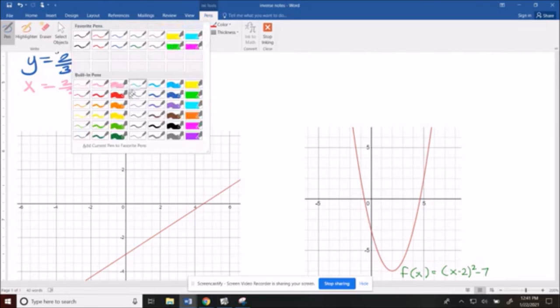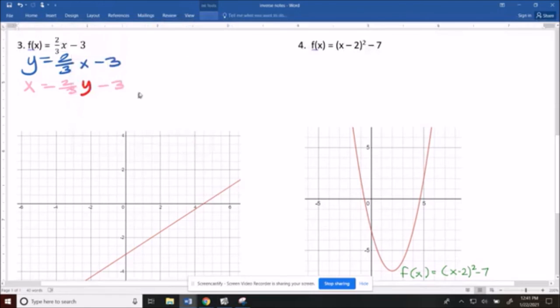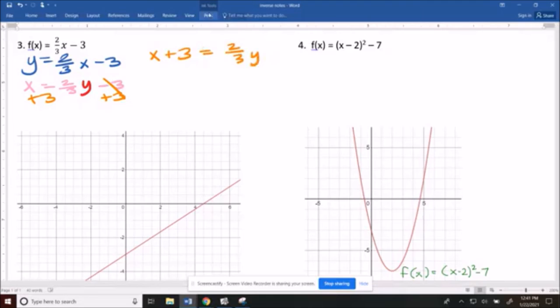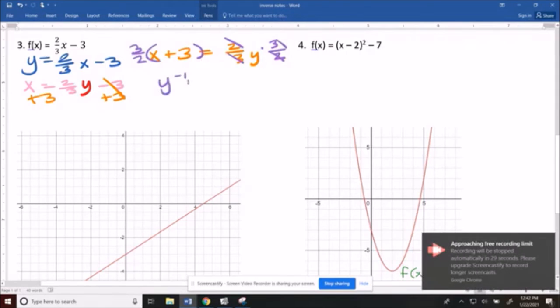So I am going to add 3 to both sides. So I have x plus 3 is equal to 2/3 y. Now to inverse 2/3, it's 3 over 2. So my 2's will cancel, my 3's will cancel. I'm multiplying both sides by 3 over 2. So my inverse is 3 over 2 times x plus 3.